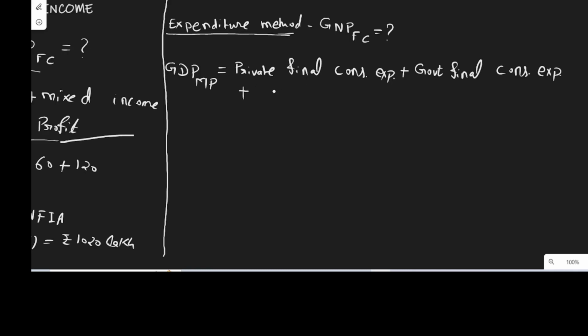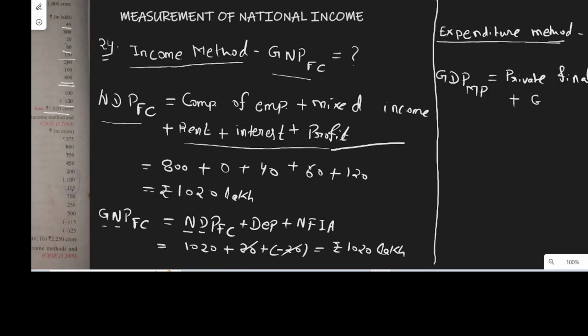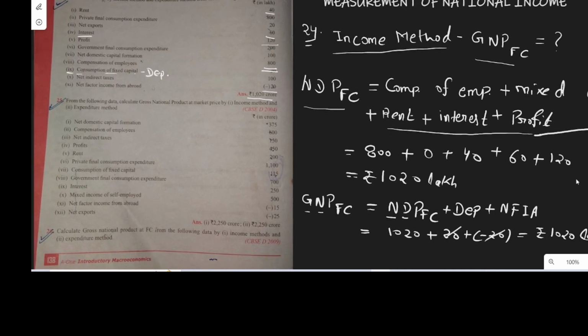Okay. Third thing was gross domestic capital formation. Two things I can do. Either I can write it directly or I can write it in parts also. So I need to see, am I given gross domestic capital formation in the question by the same name? Let me check. I am not given it here.